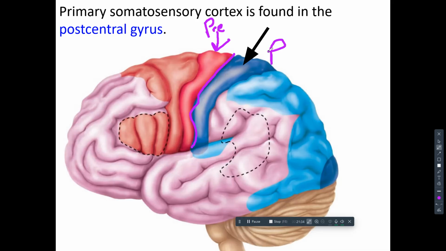Then behind it, we've got the postcentral gyrus, which is my main somatosensory cortex. Sensory means we're receiving information, and somato refers to the body. So we've got body sensations coming into the parietal lobe.